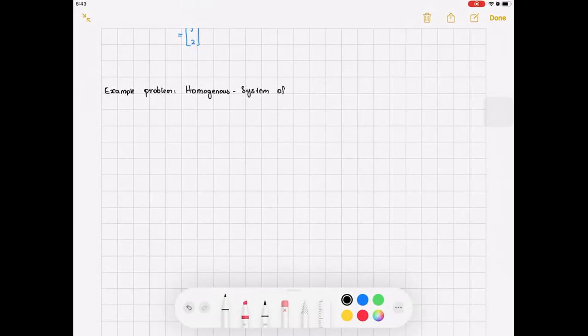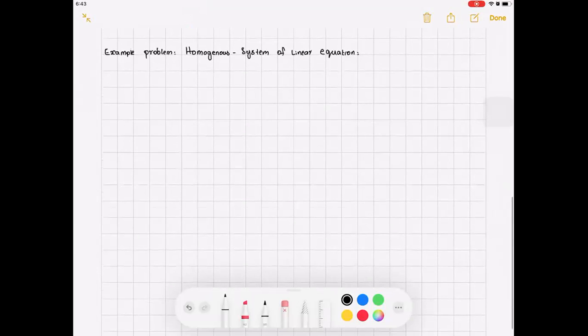Homogeneous system of linear equation. So homogeneous system of equation la right hand side வந்து will be equal to 0.